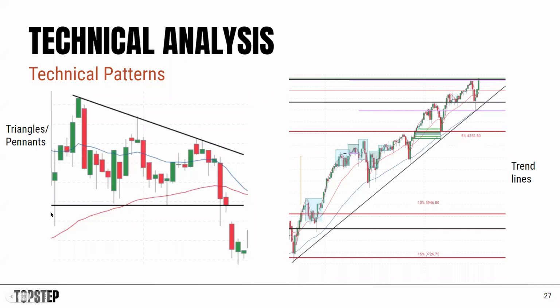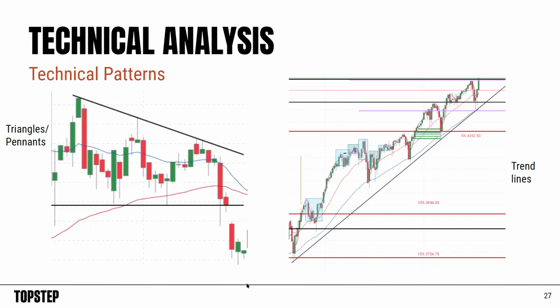Another thing that I do like about these is if we take the measurement from where the pennant began, this low to this high, and start it on the breakout point, which would be here, that can give us a relatively solid profit target with which to perhaps expect an exit for a short once this formation breaks to the downside.